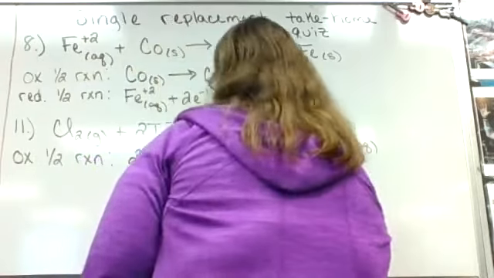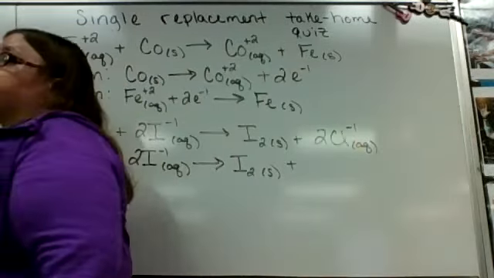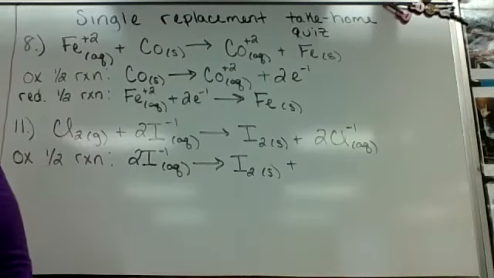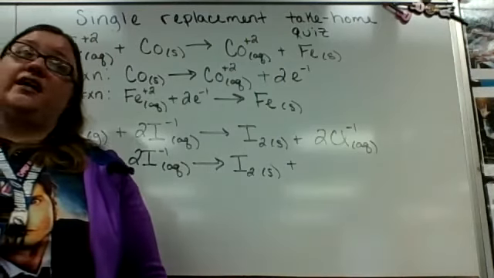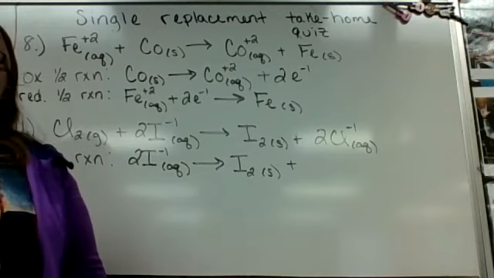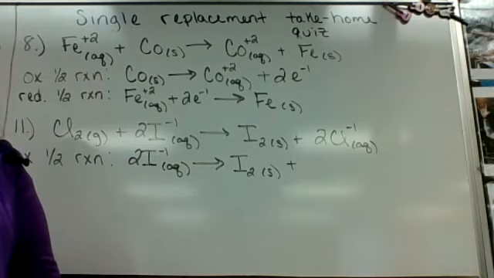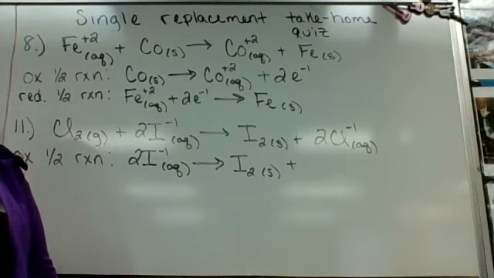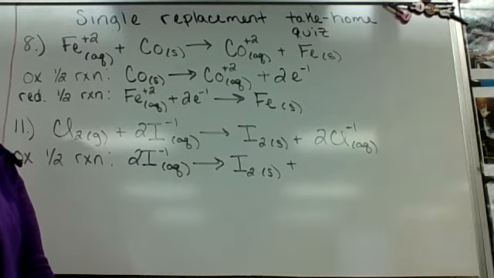Now here it's a little different. Oxidation's half reaction still means electrons go on the right. They're products. However, instead of making the two sides neutral equaling 0, you're going to make the sides equal the total charge negative.